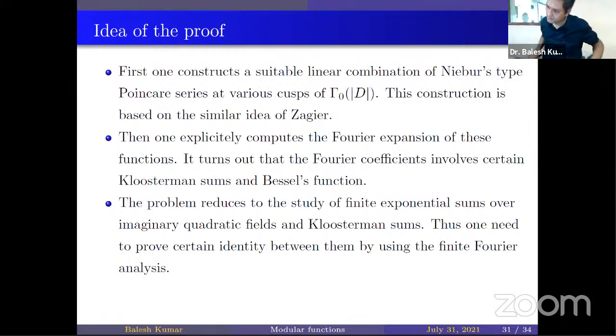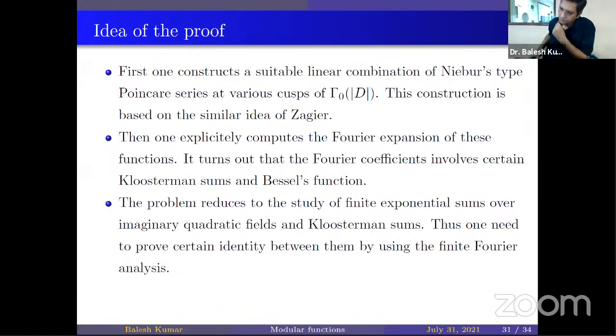And in order to match these individual Fourier coefficients, one needs to understand these finite exponential sums over imaginary quadratic fields and these Kloosterman sums. And therefore, one needs to establish a certain identity between the finite exponential sum over the imaginary quadratic field and this Kloosterman sum corresponding to SL2(Z), in the case that if one goes modulo integers, then we have Kloosterman sums or Salié sums.